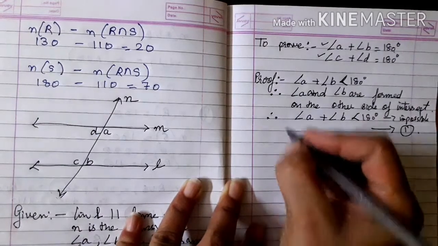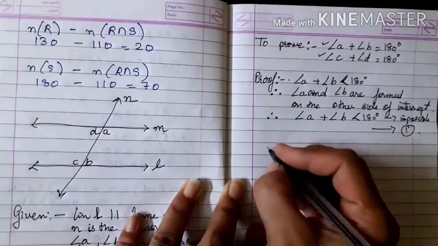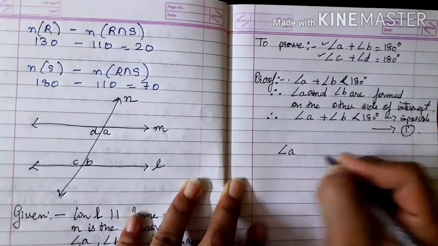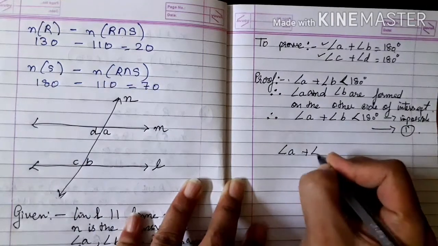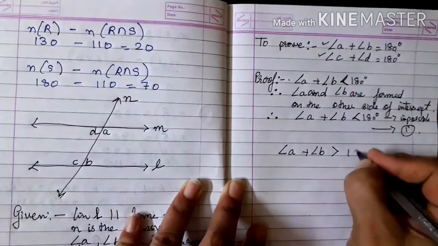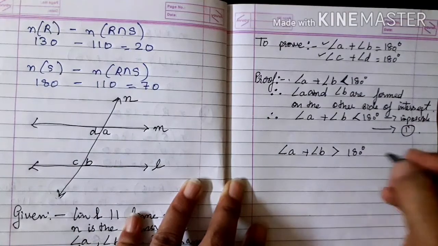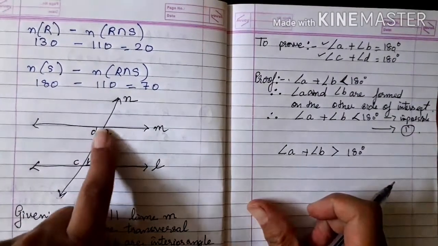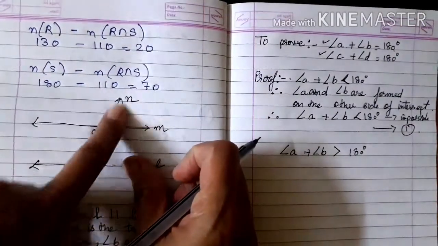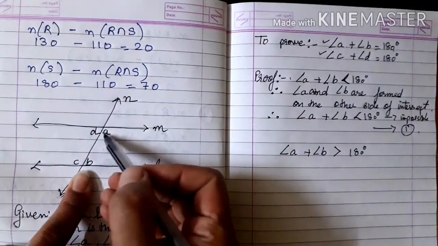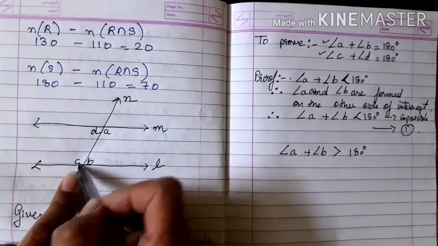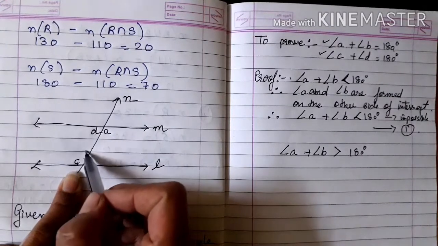Now suppose this was the first conclusion. The second conclusion is angle A plus angle B is greater than 180 degrees. You will see this is on the other side of the intercept. On this side the intercept, D and C are there. These angles are on the other side of the intercept.